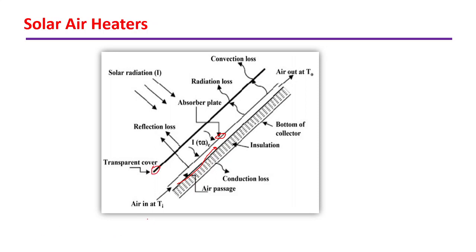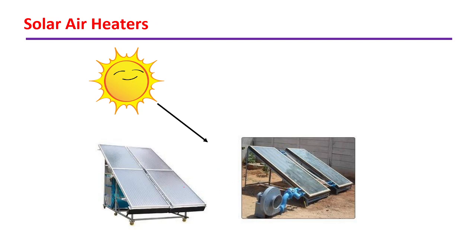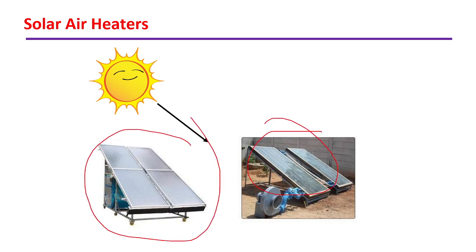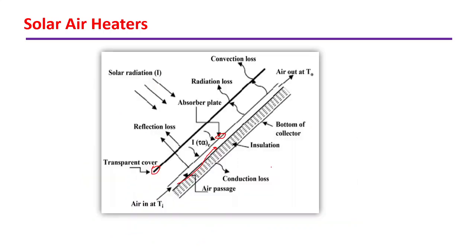It is a schematic for this kind of system. Mainly two things we have here: one is the glass cover plate, and at the bottom there will be one absorber plate, and then we have the passages for the air.